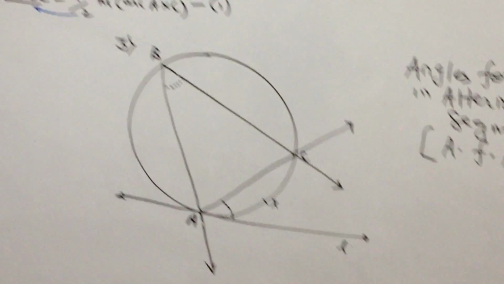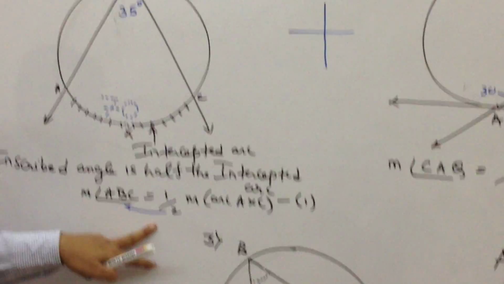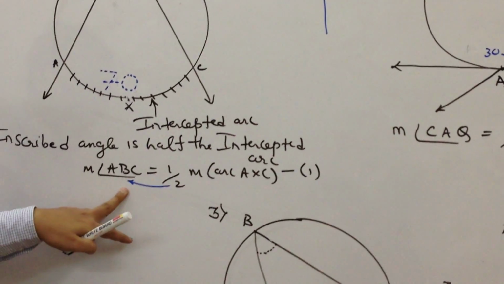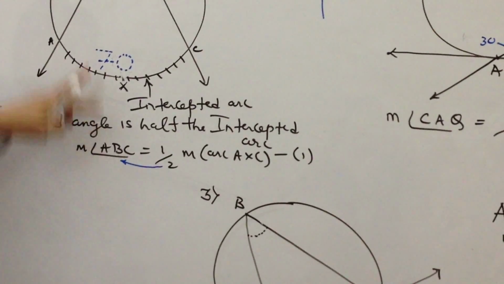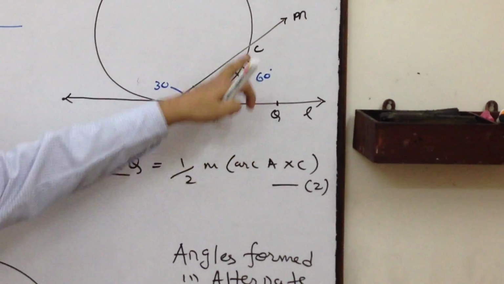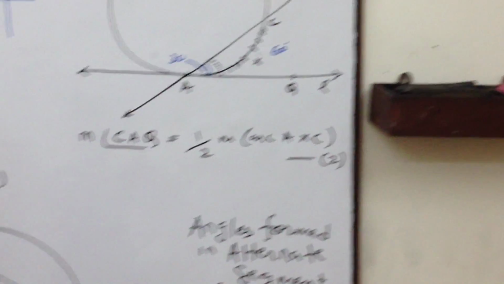Now, if we have to say in geometric sense, what is equation number 1 trying to say? Equation number 1 tries to say that angle ABC is half measure arc AXC. What is TST trying to say? Measure angle CAQ is half measure arc AXC.